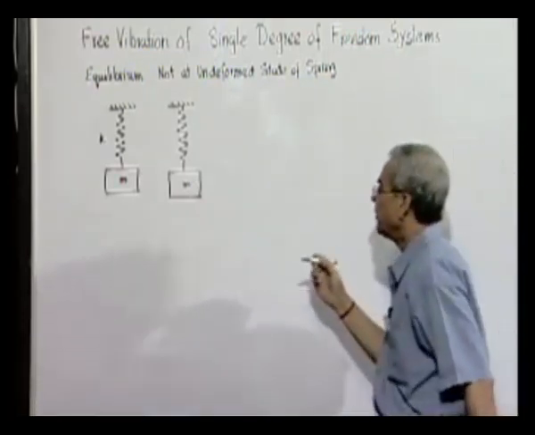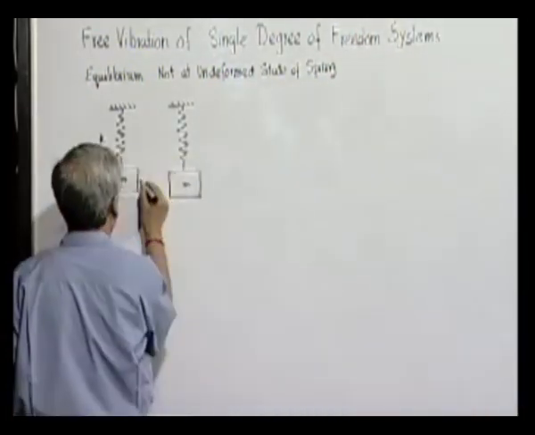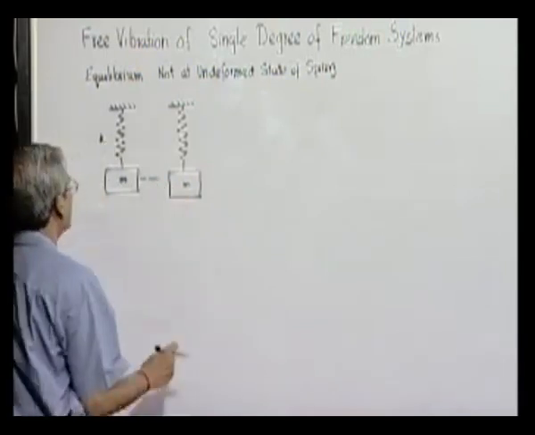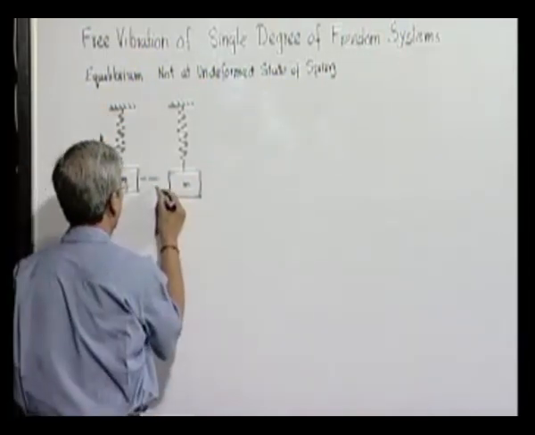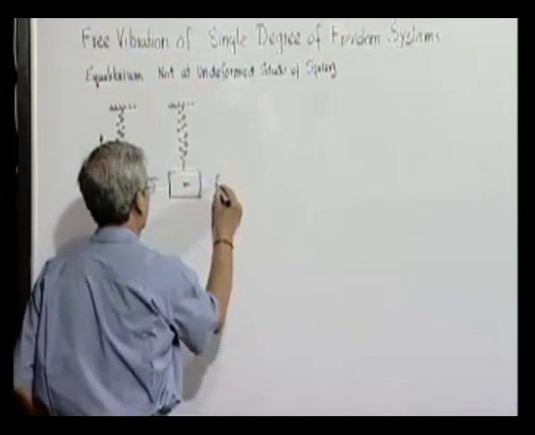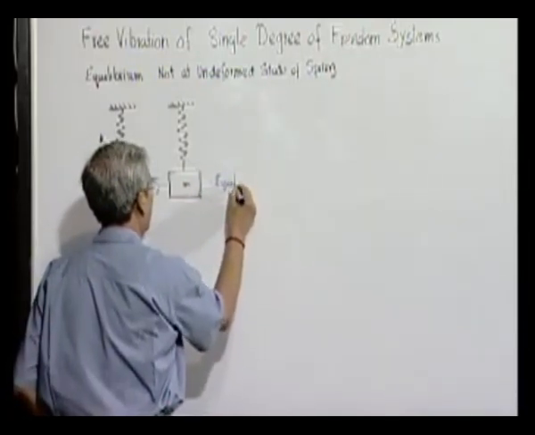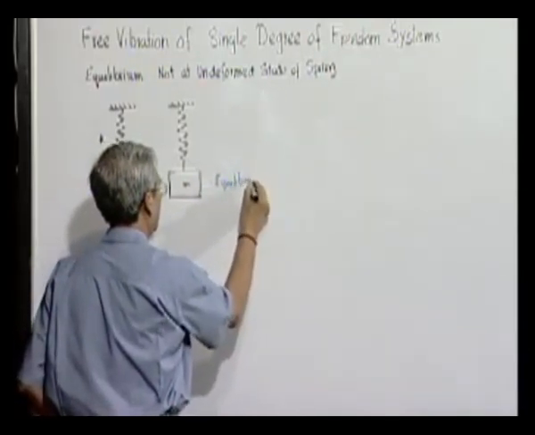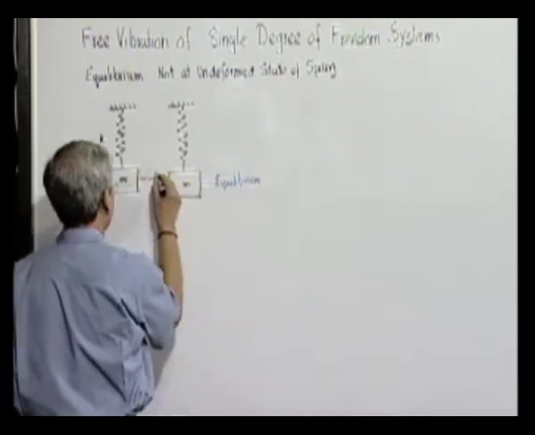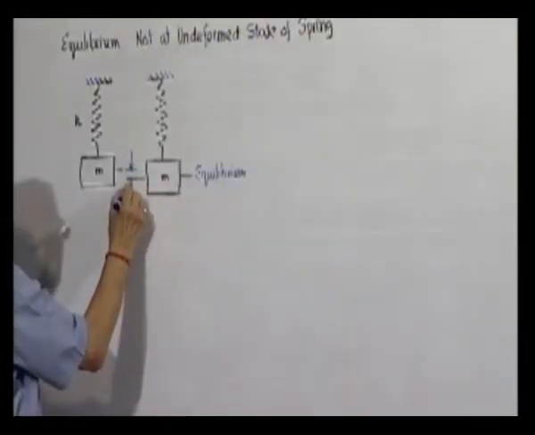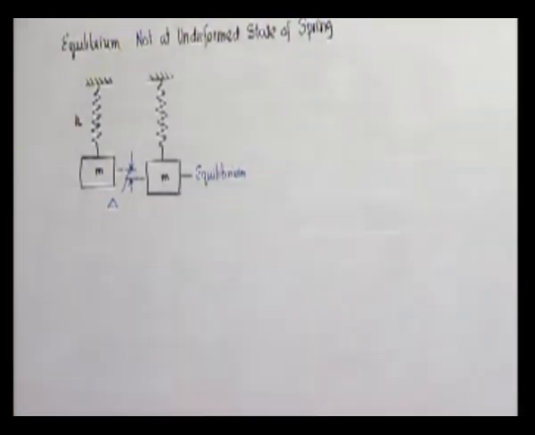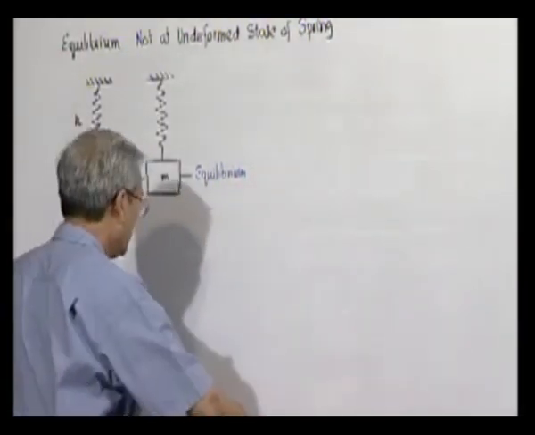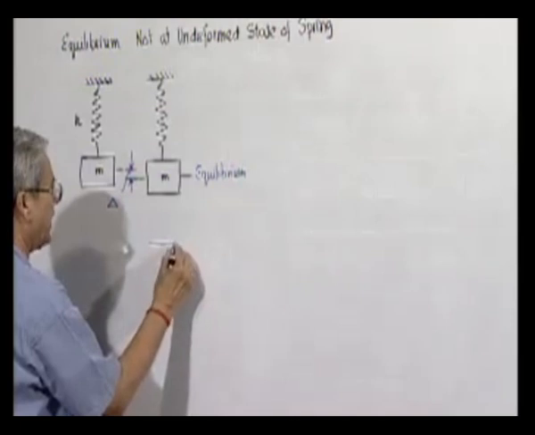So the equilibrium position, this is the position which corresponds to the undeformed spring length, but this is the equilibrium position when it gets deformed by, say, an amount delta. Now what is the equilibrium situation? What does it signify?